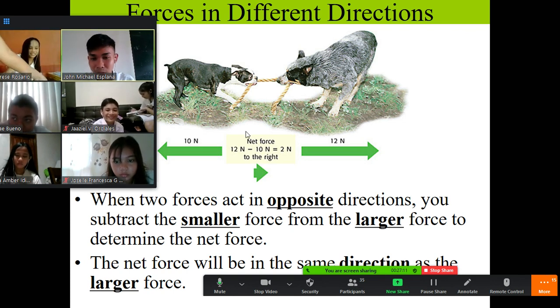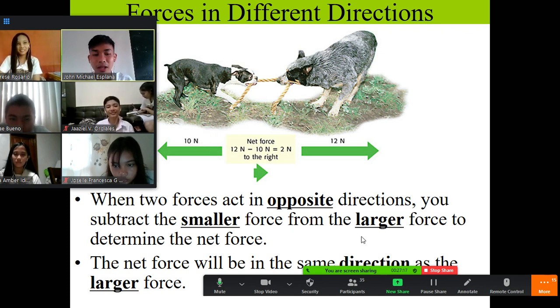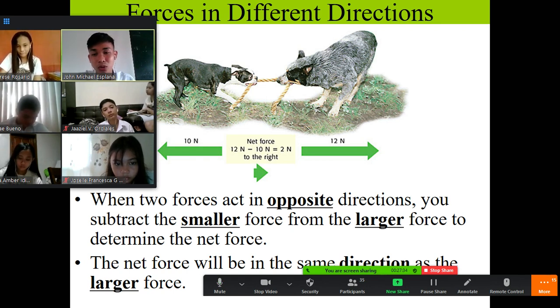So in this case, yung pinaka-small force or smaller force yung sa dog, which is 10 Newton, from the larger force, which comes from the wolf, na merong 12 Newton, to determine the net force. Madali lang ha, it's simple mathematics. So 12 larger minus 10 smaller. So the net force will only be 2 Newton.